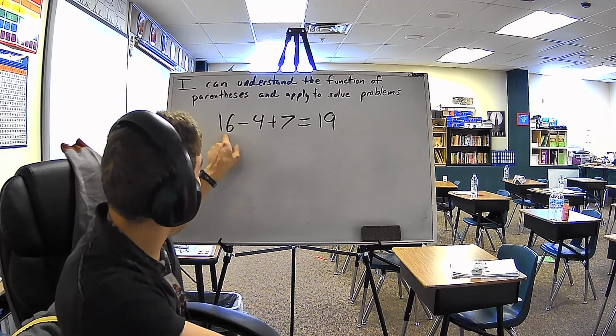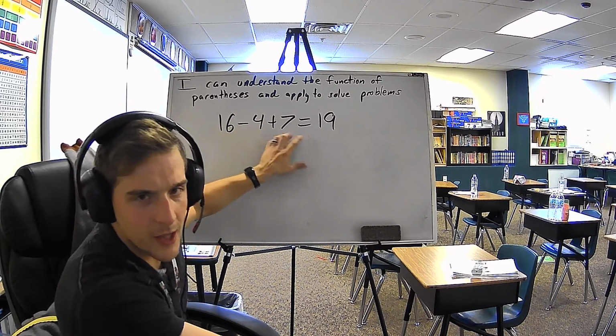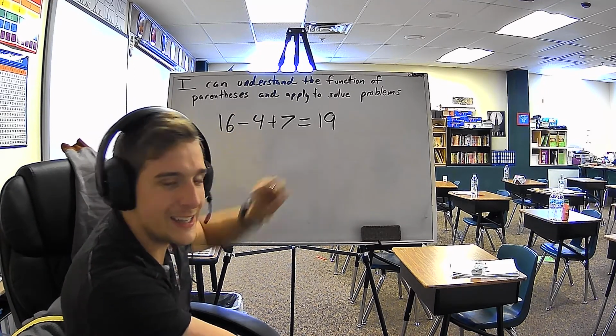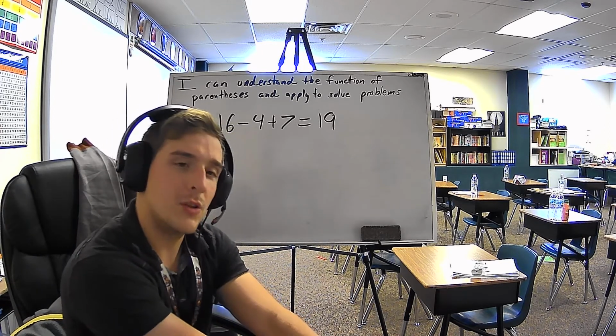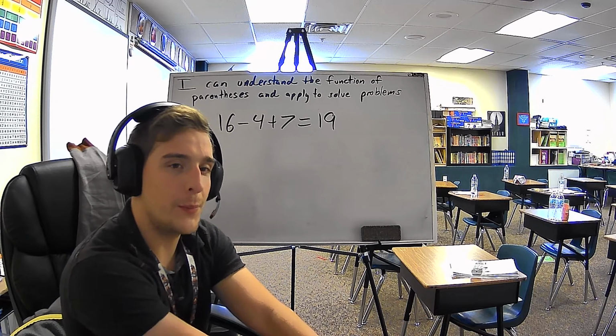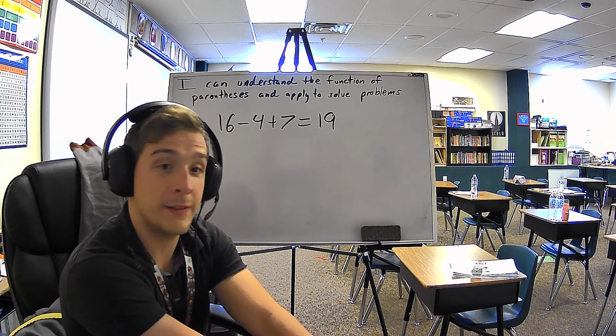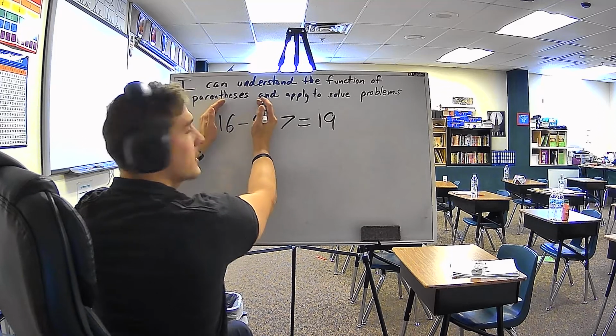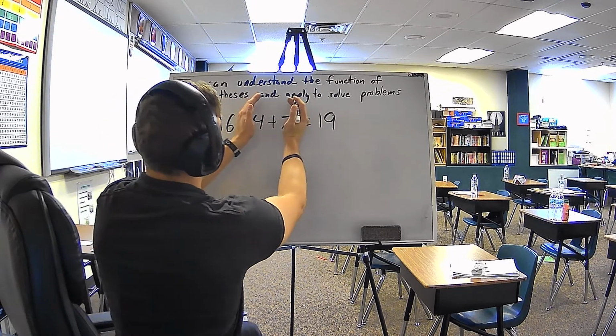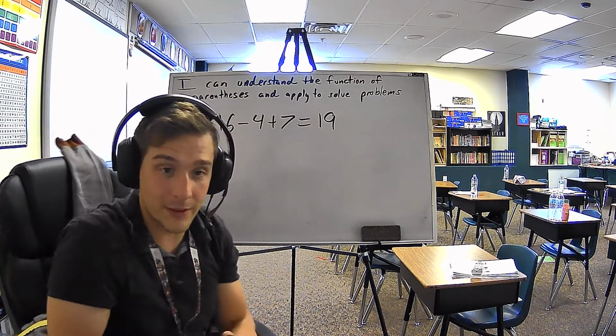You're trying to get 16 minus 4 plus 7 to equal 19 in some way. And so the question is, where do I need to put the parentheses in order to find the correct answer? Do I need to put it around the 16 and the 4? Or do I need to put it around the 4 and the 7?